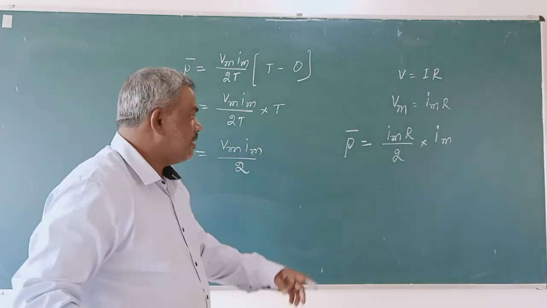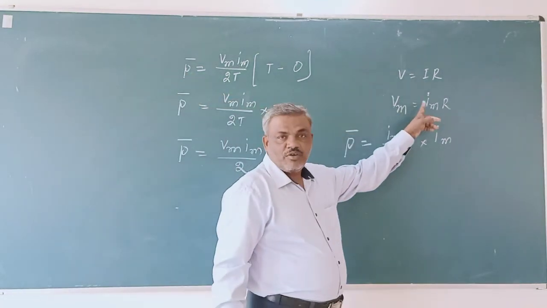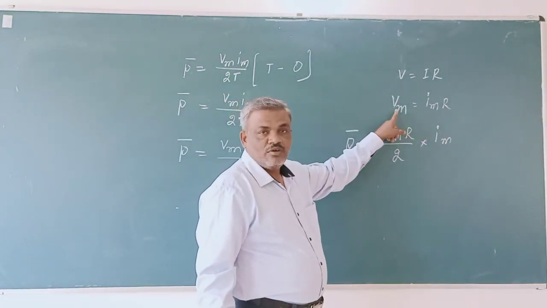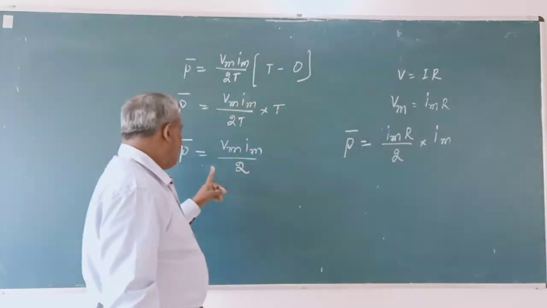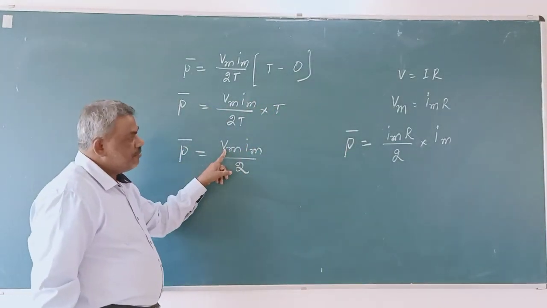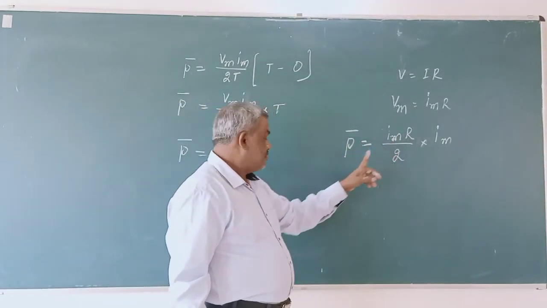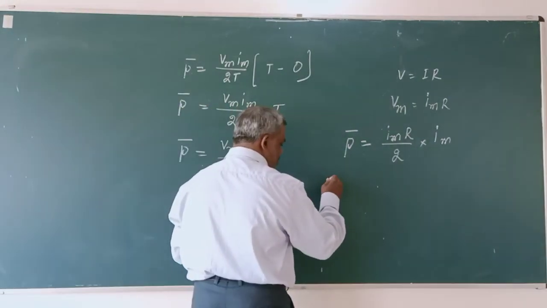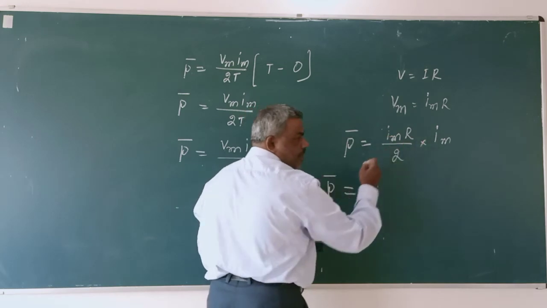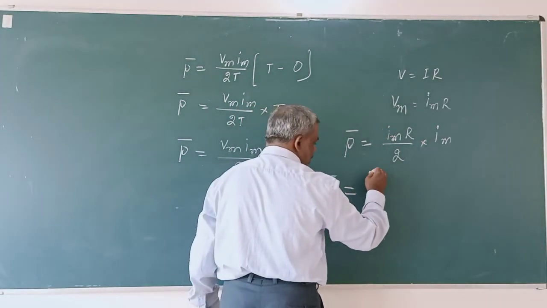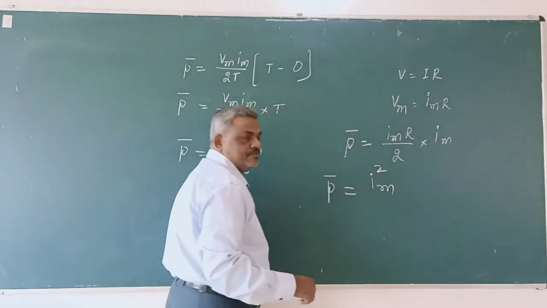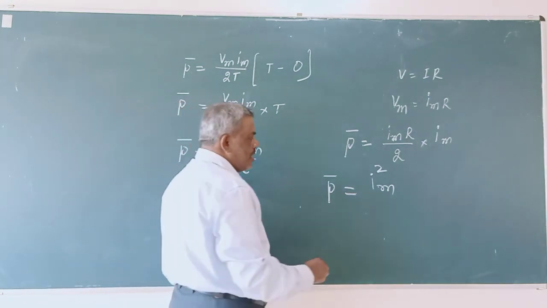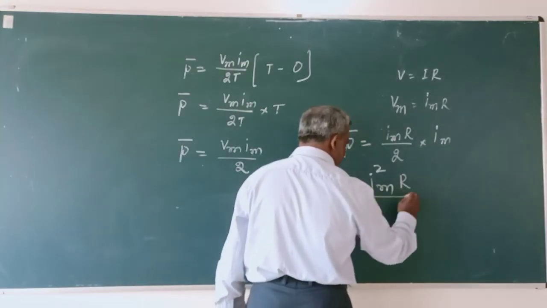So now students, here average power, Vm equals Im into R. So for average power P, the Vm value is Im into R divided by 2. So average power P equals Im square into R by 2.